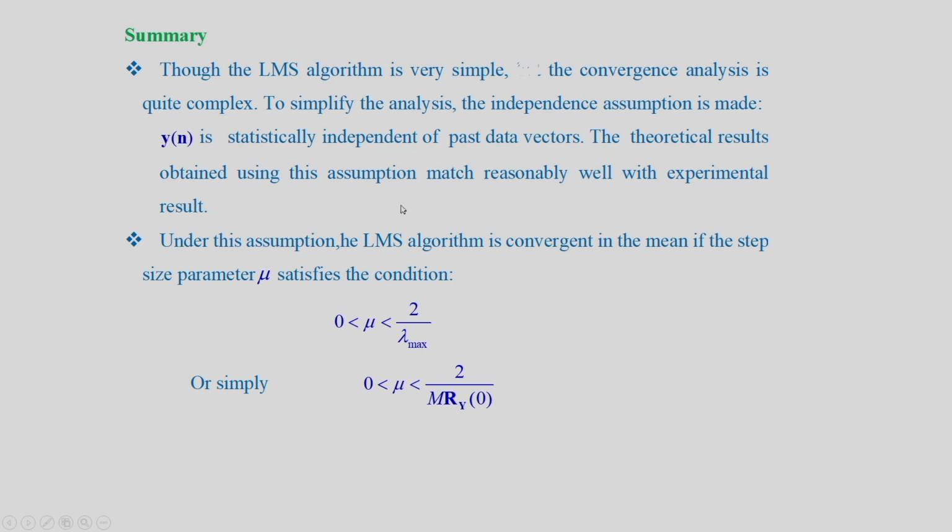The theoretical results obtained using this assumption match reasonably well with the experimental results. Under this assumption, the LMS algorithm is convergent in the mean if the step size parameter mu satisfies this condition: 0 < mu < 2 by lambda max, or simply mu lies between 0 and 2 by m into Ry(0).